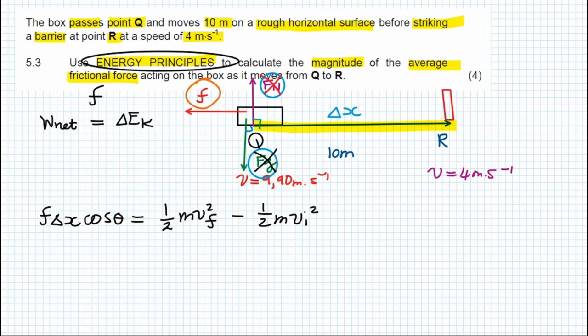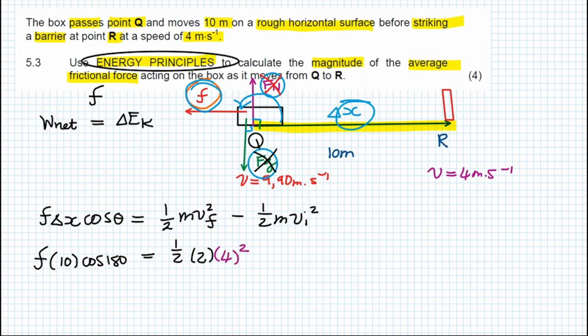We do not know the friction force, that is what we're interested in. The magnitude of the displacement is 10. And as you can clearly see from the sketch, the angle between the friction force and the displacement is 180 degrees, so we say cos 180. This is going to be equal to the object's mass multiplied by its final velocity, which was given as 4 meters per second.